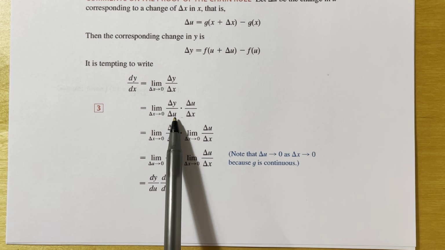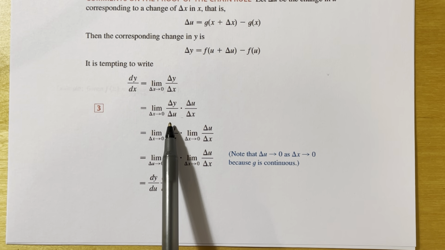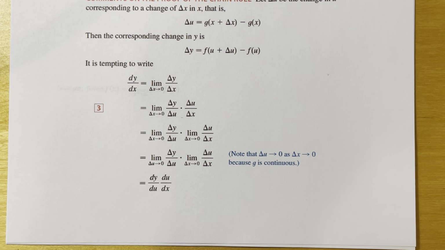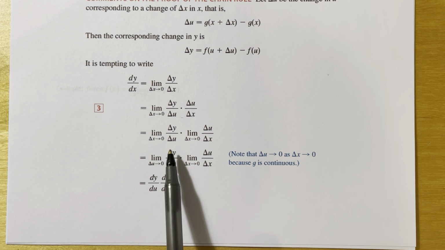We don't have enough information to say that we're not dividing by 0 at any point using this delta u right here. So this expression might not be defined for particular values as delta x approaches 0. Again, I understand that might be a very confusing and difficult argument to wrap your mind around. That's okay. I just want to make that point here.